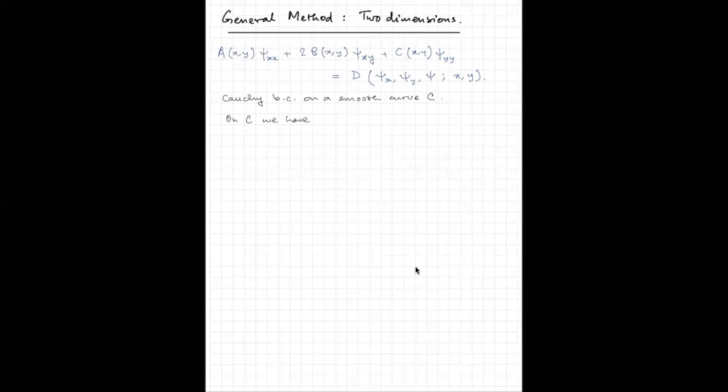We have psi of x,y on C is something that's given, let's call it small a. And you also have del psi of x,y on the curve, so this is going to be del psi del n, which is equal to b of x,y.